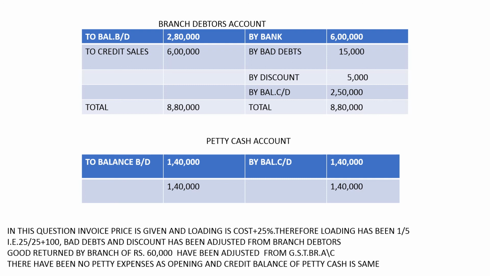Now petty cash expense, petty cash account. To balance b/d 1,40,000. Since all the expenses of the branch has been sent by the head office, therefore nothing has been used from the petty cash expenses by the branch from itself. The closing balance is also coming 1,40,000.